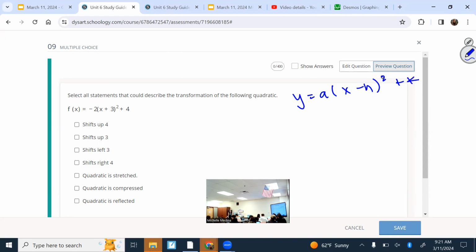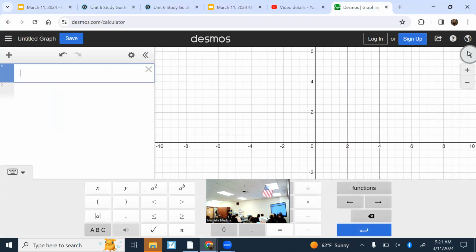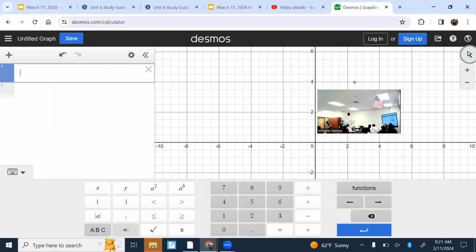And you could memorize that, or since you do have access to Desmos, you could remember what we did in that lesson, which is compare our equation to the parent function. Table 4, what's our parent function? The formula for our parent function? Okay, f of x, and then what? What's the most basic quadratic you could have? So that's our parent function.